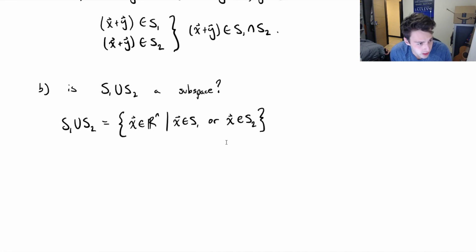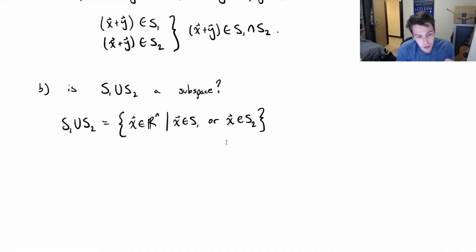Let's take another vector in the union, for example, y. And let's say that y is also in S1, because it doesn't have to be in S1 or S2. As long as it's in one of them, it'll be in the union, okay? So if I take x plus y, then since S1 is a subspace, vector addition should say that x plus y is also in the union.